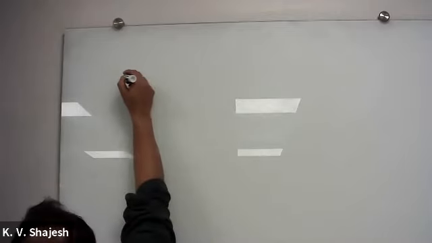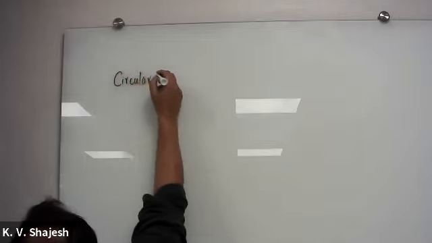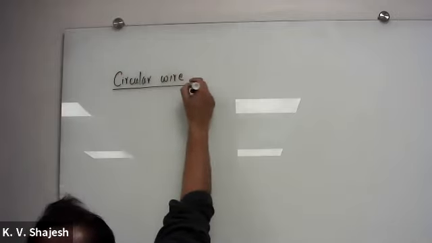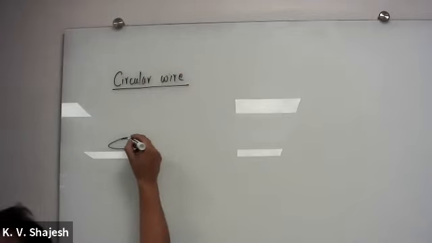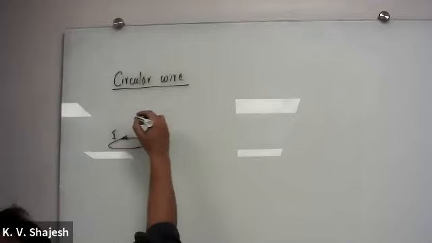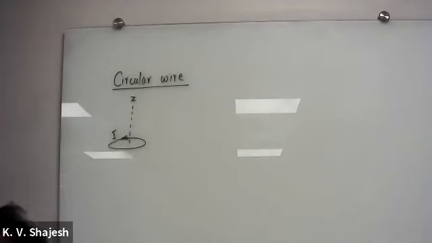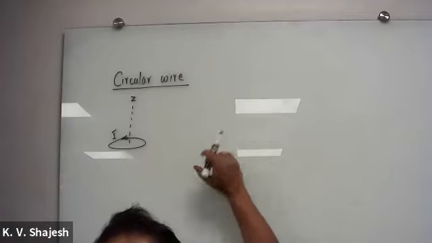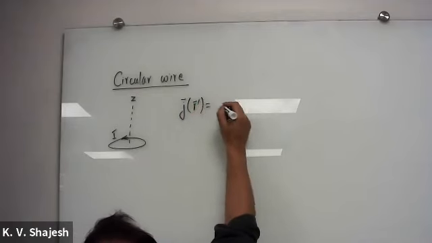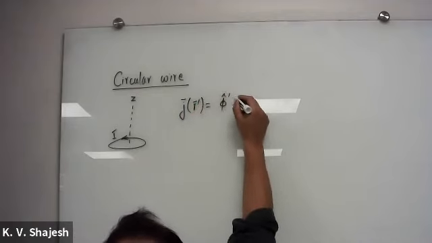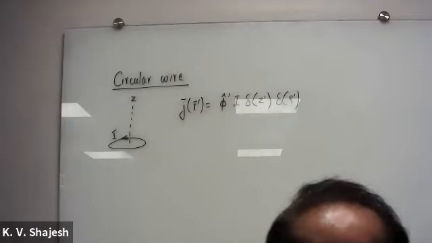Okay, so this is circular, no approximation, and that's your current I. We chose this to be your z-axis. J of r prime was phi prime hat I prime delta of rho prime minus a.